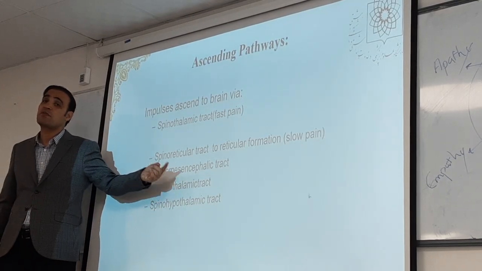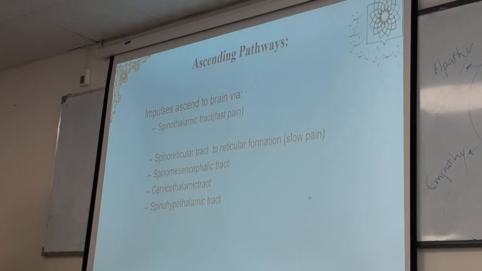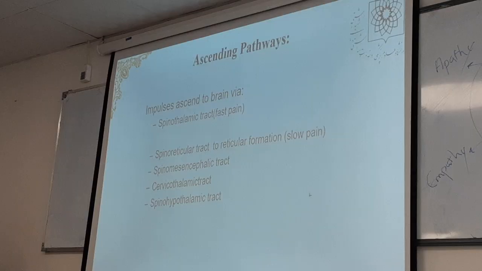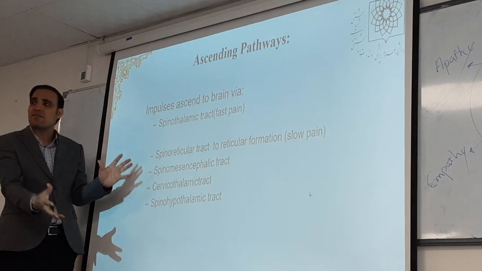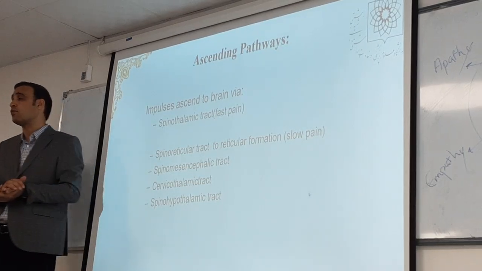The spinohypothalamic pathway also changes the heart rate and affects the blood pressure. What is the effect of pain on the blood pressure? Sometimes it increases the blood pressure. In severe pain, it may decrease the blood pressure even to coma. And this is showing the ascending pathways that we have for pain. And this is important.